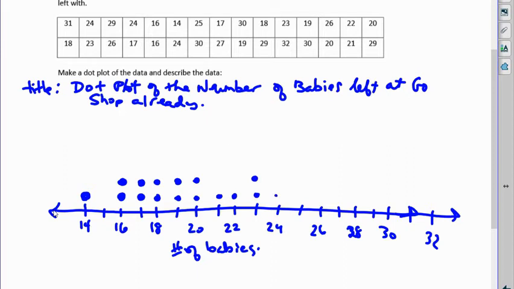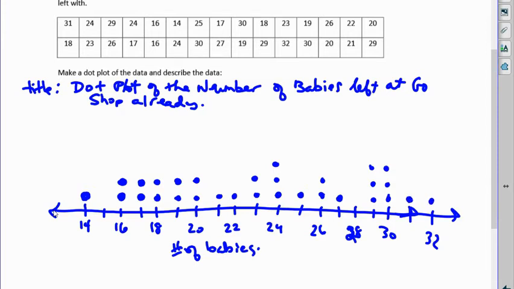There were 3 at 24. Trying to make the spacing good. 25 had 1. 26 had 2. 27 had 1. There were none at, that's 28, not 38, 28. There was none. 29 had 3. Also 30 had 3. 31 had 1, and 32 had 1.